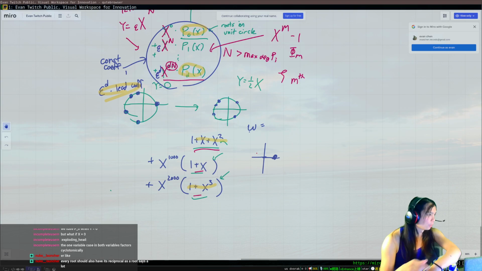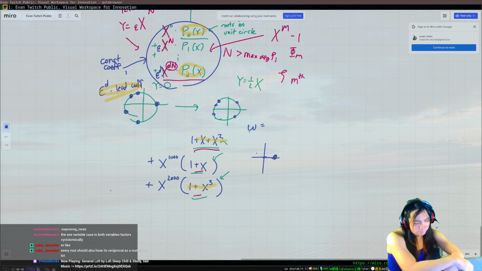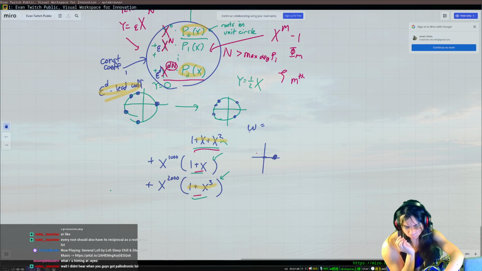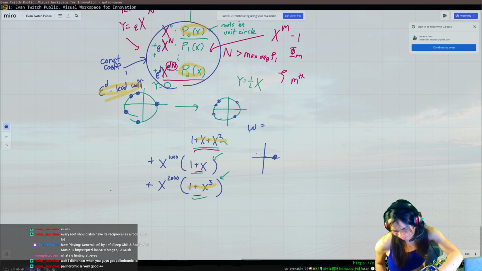I should read this forwards and backwards. No, but the palindrome only helps you with P0 and P... Wait, okay, what?